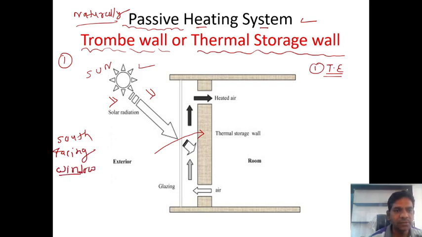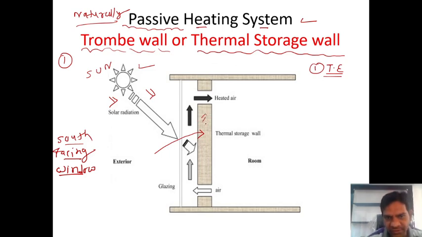The windows of this building are south facing. The best known example of this wall design is known as the Trombe wall. It is named after the scientist Trombe who made this design, and it is made of concrete, brick or other masonry.